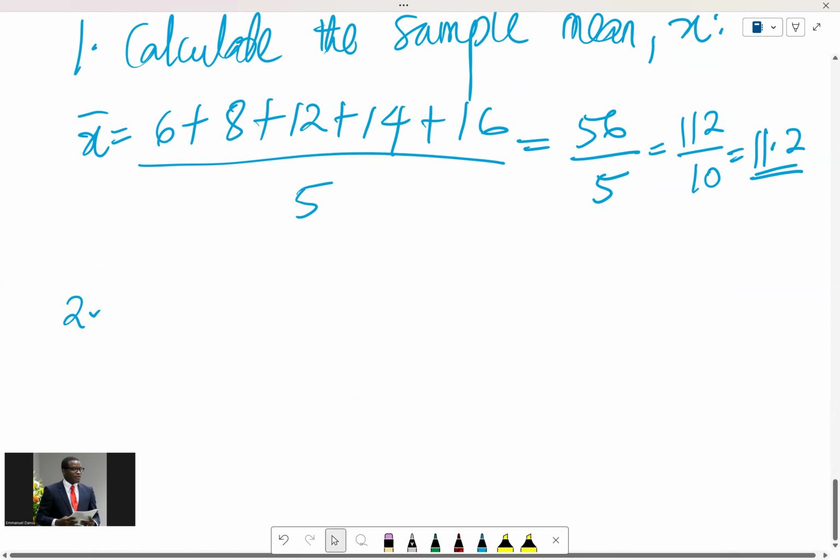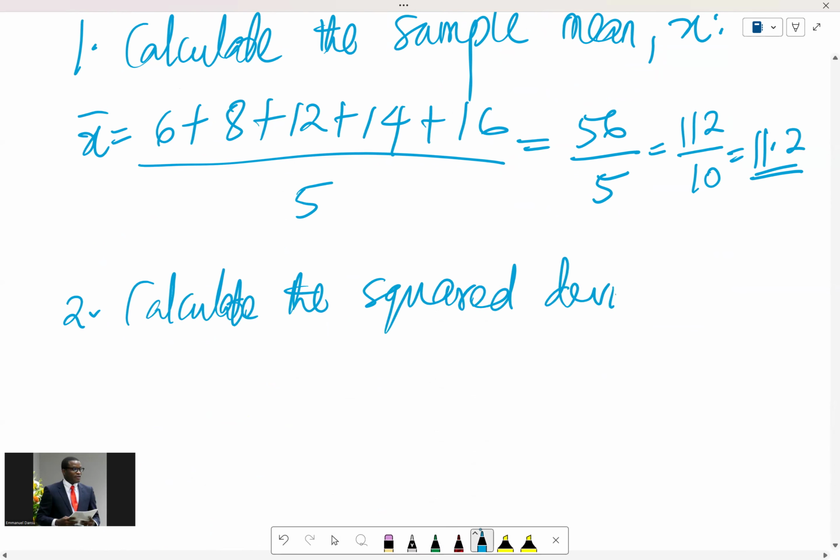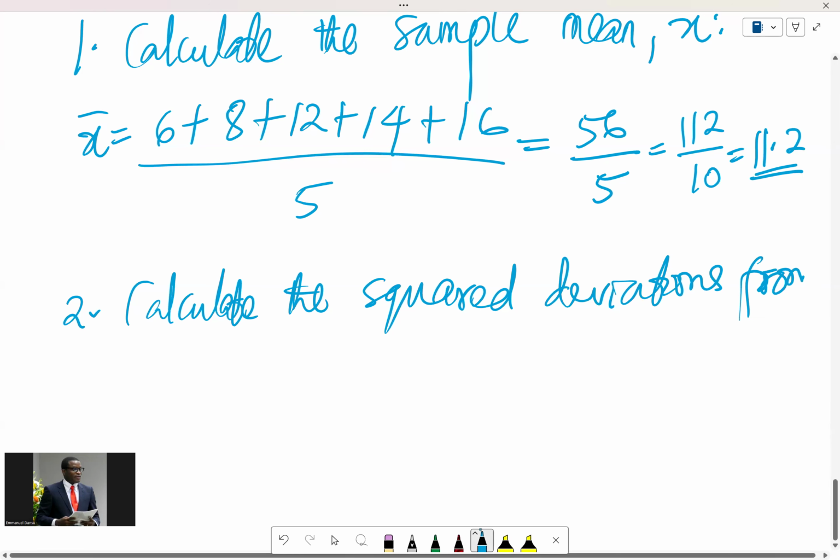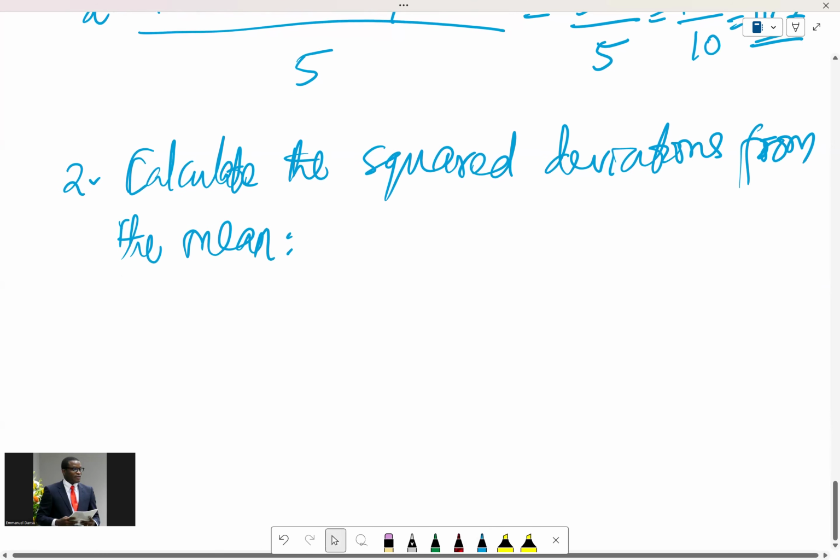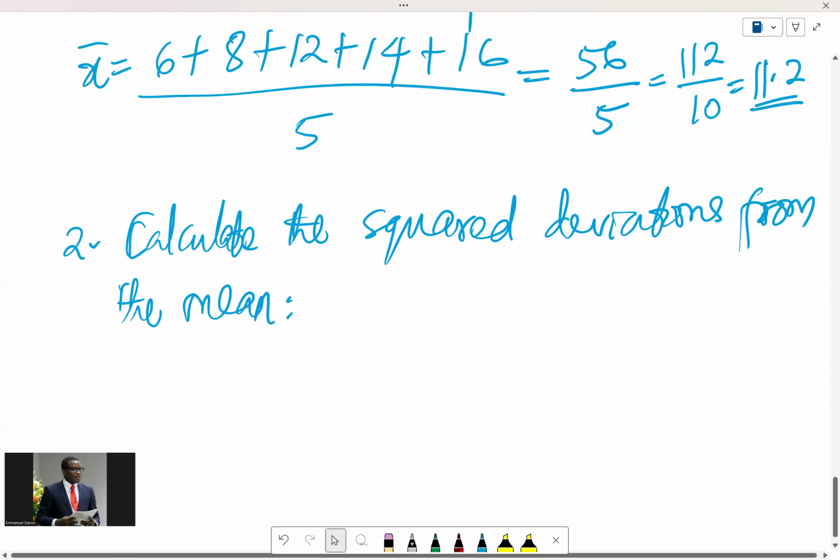Step 2, you want to calculate the squared deviations from the mean. For the first one, you need x1 minus x bar squared.